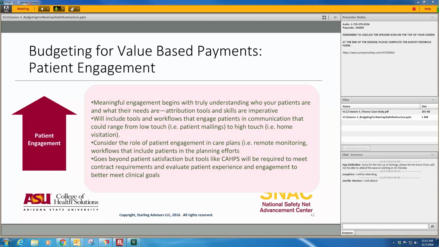In terms of patient engagement, this is really an area where safety net providers have had a lot of experience. Many of you are actively involved in the communities in which you are providing service. But under these new value-based models of reimbursement, we really need to be looking at extending out what our engagement and activation efforts look like.